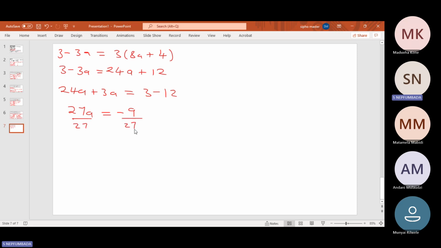Negative 9 divided by 27, you got your a is equals to negative 1 over 3. Then to get c, we substitute a in that one. This is 8 into negative 1 over 3 plus 4. And your c is equals to 4 over 3.